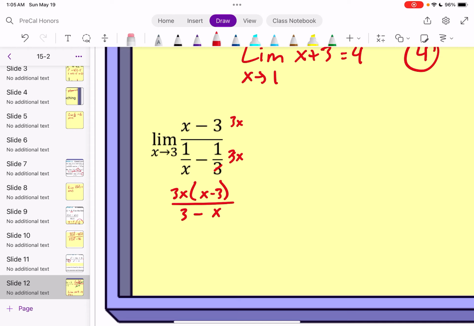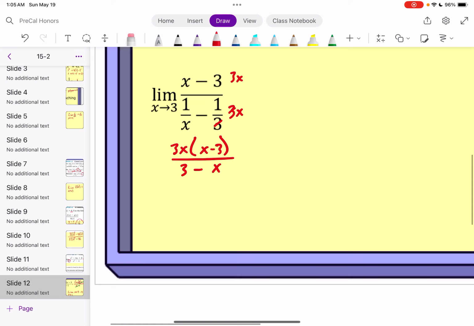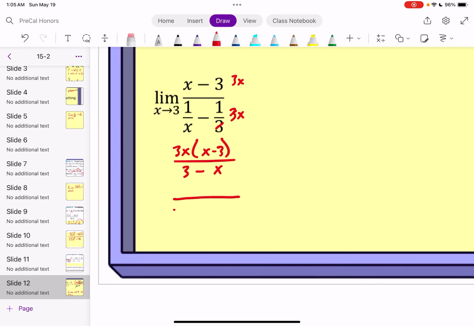Now we're going to want to rewrite our denominator, which would give us a negative x plus 3. And in that case, we actually factor a negative 1 out and are left with x minus 3 in the denominator as well. Once we do that, our x minus 3's cancel out.